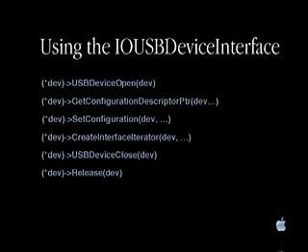Now let's say I have an IOUSBDeviceInterface. What can I do with it? Well, this would be pieces of a standard initialization sequence. You would open the device. You would then get a pointer to the configuration descriptors for this device. You might then find the configuration value out of one of those configuration descriptors and call set configuration.